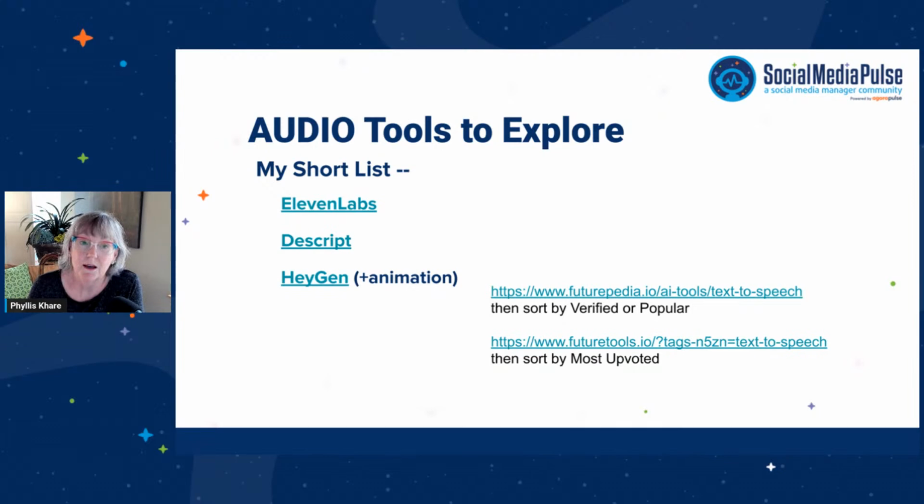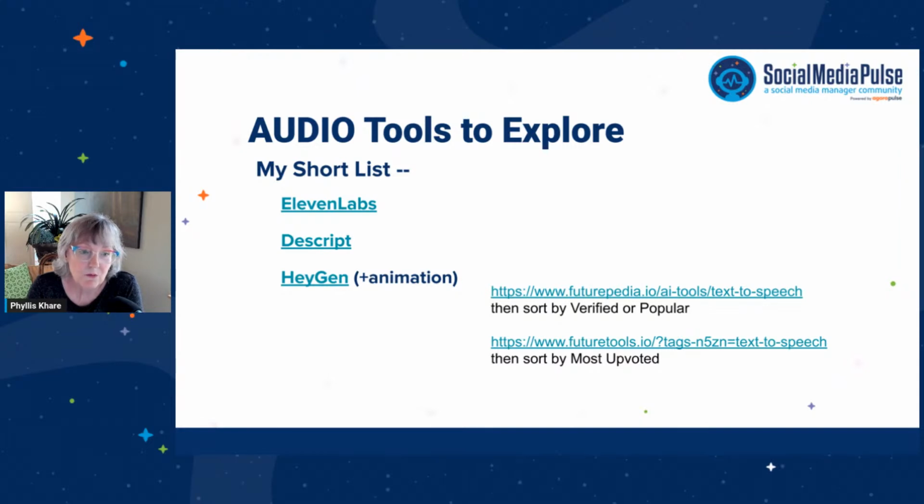But in terms of audio, if you're creating audio for something, you can use it for this too, not just video. And then the other short list tool that I have for audio is HeyGen. HeyGen just changed their name, I can't remember what it was, but anywho, HeyGen. And then again, here are the quick links that are already filtered for text-to-speech tools for you.